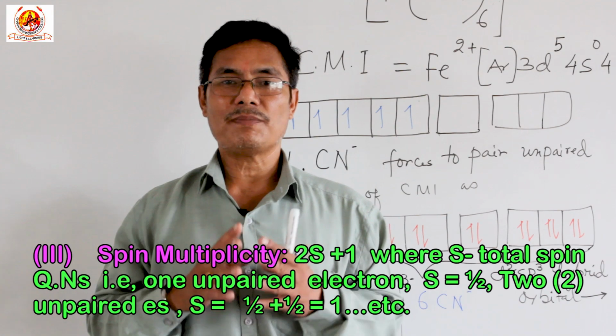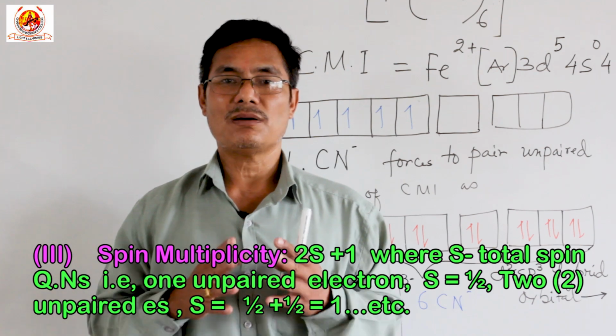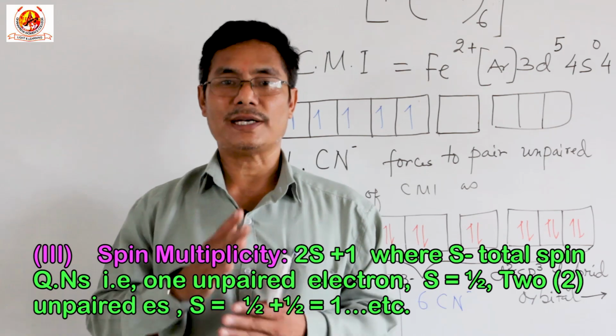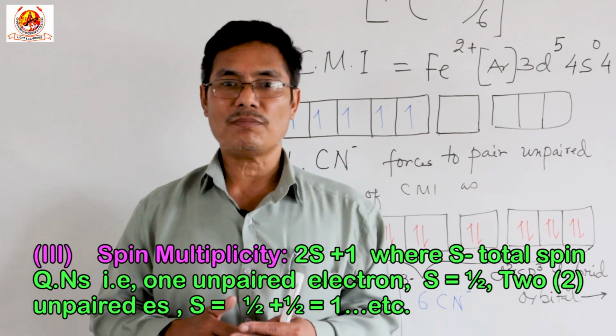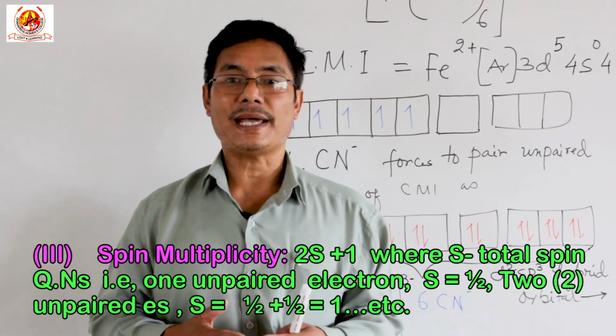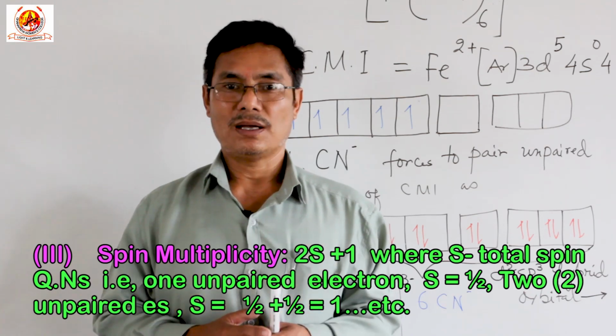If the number of unpaired electrons is 1, then the value is half. That means it may be clockwise or anti-clockwise. If the electron is unpaired, the spin of the electron may be clockwise or anti-clockwise. Any one we can select. It shows the value is half.